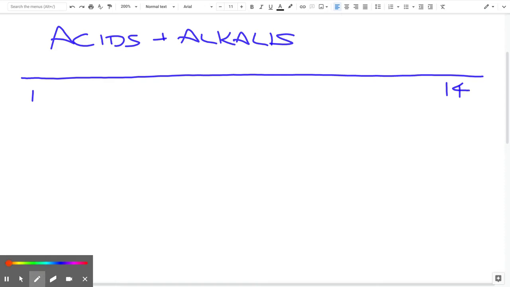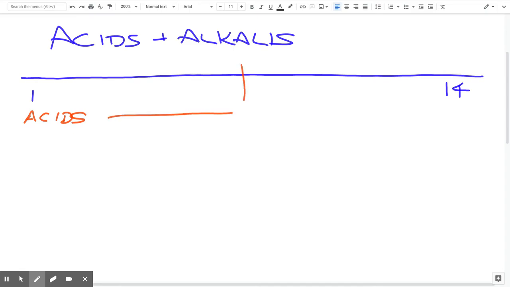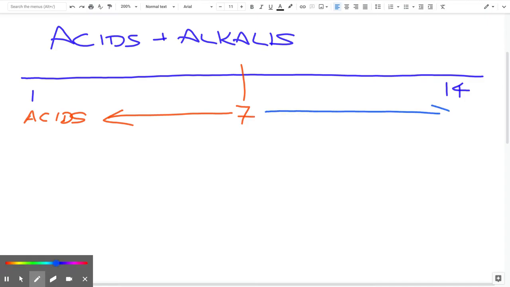Generally our acids occur below pH 7, so they would be towards the left hand side here with 7 in the middle. We then know that our alkalis would be higher than pH 7, in this region of the scale.